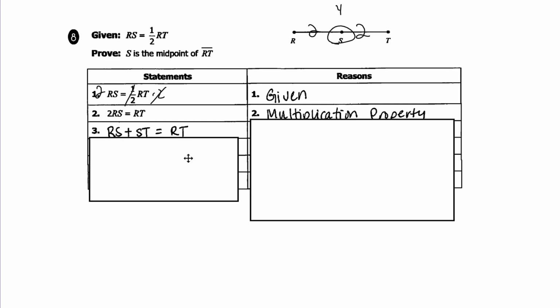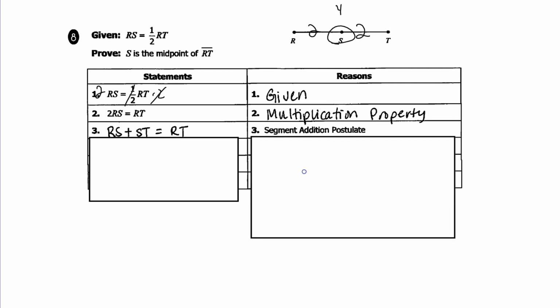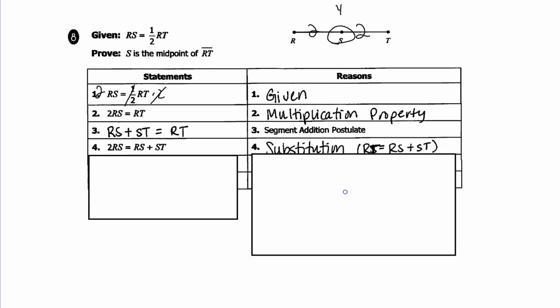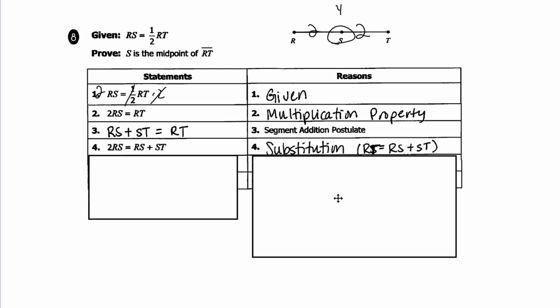Well, that is your segment addition postulate. Then you're given 2RS equals RS plus ST. That is your transitive property, because all we're doing is getting rid of something in the middle. I'm sorry, substitution.